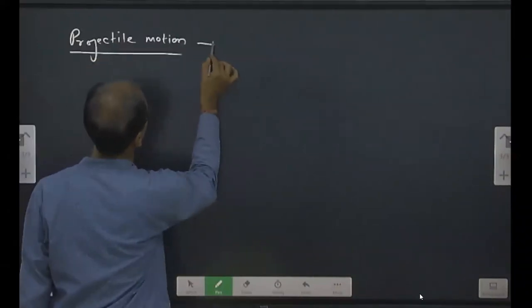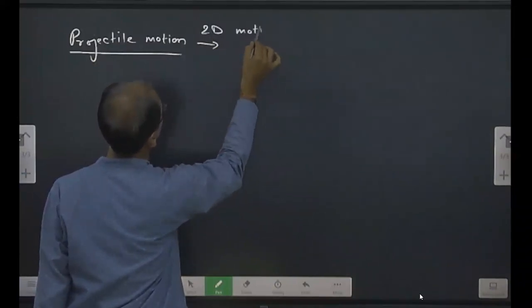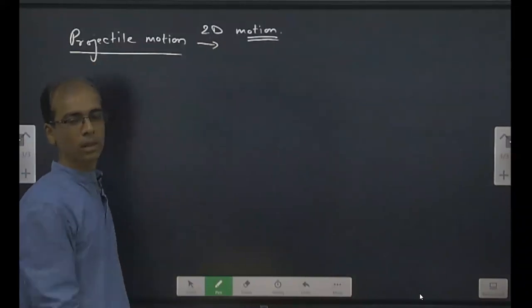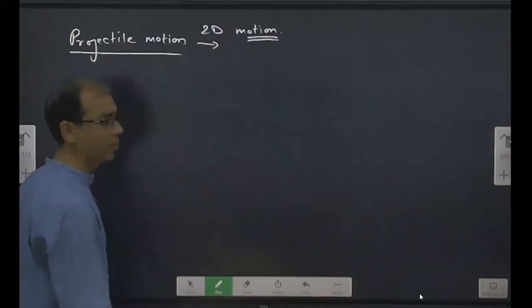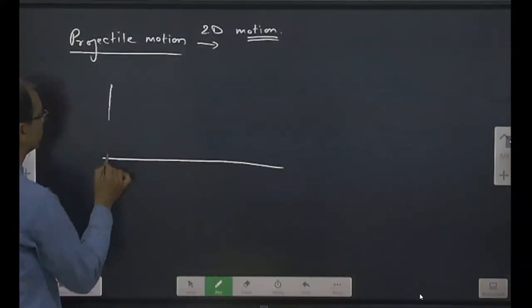What they say is that if you project a particle by making an angle with the horizontal or vertical. Okay, this is horizontal and this is vertical.